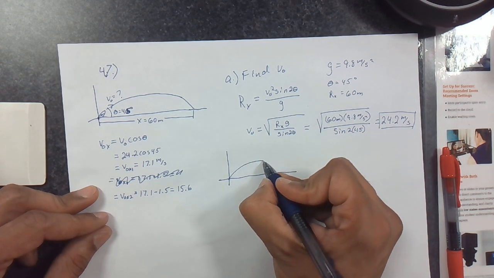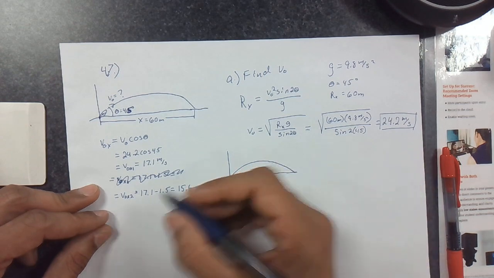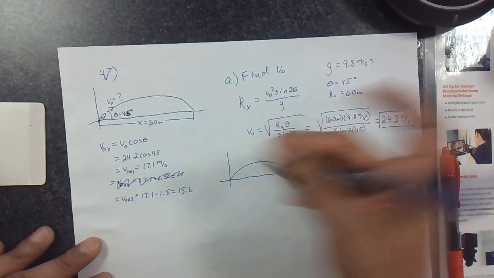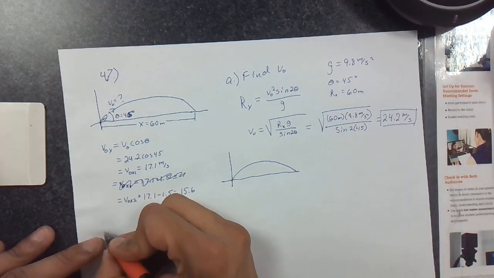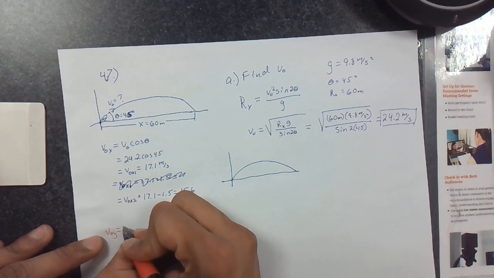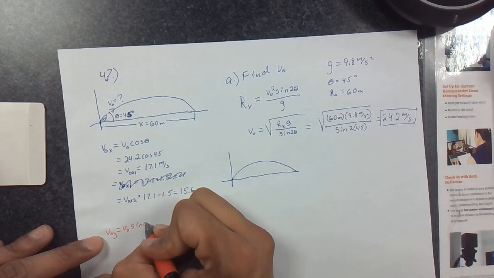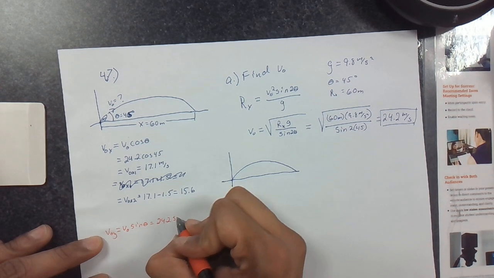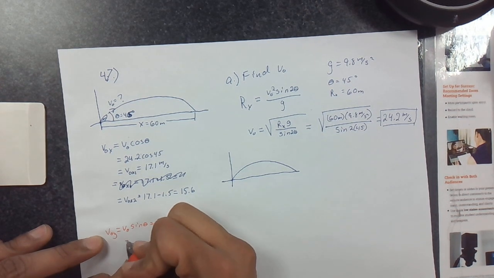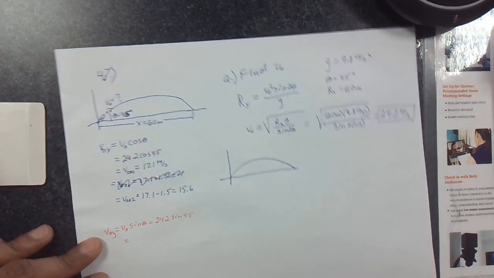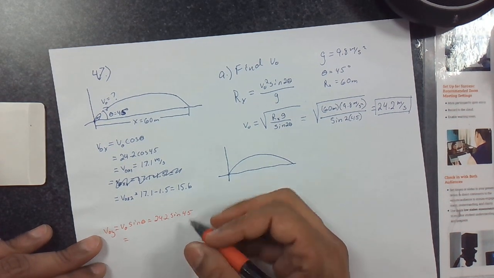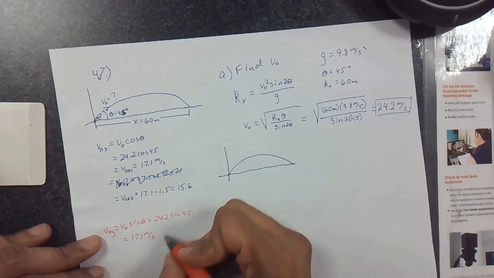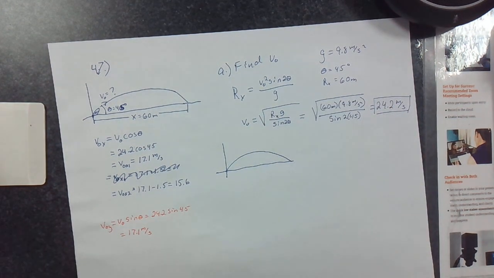So now we have the football. What doesn't happen in the Y direction, however, is that the wind doesn't affect it. So our Y direction is the same the whole way through. Our V naught Y is equal to V naught sine theta, which is 24.2 sine 45, which is also 17.1 meters per second. So it's launched upward at 17.1 meters per second.